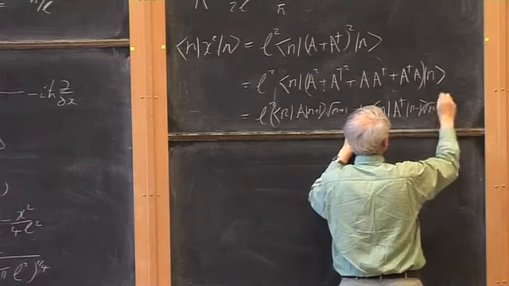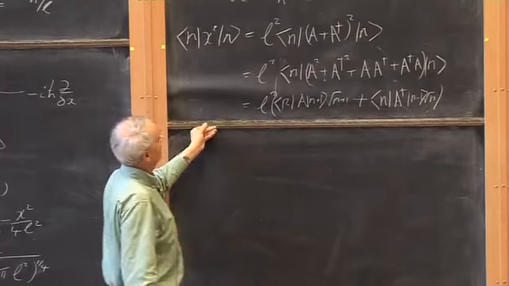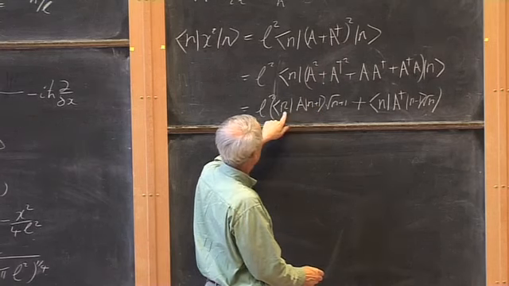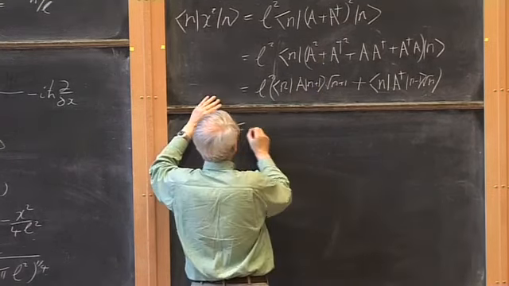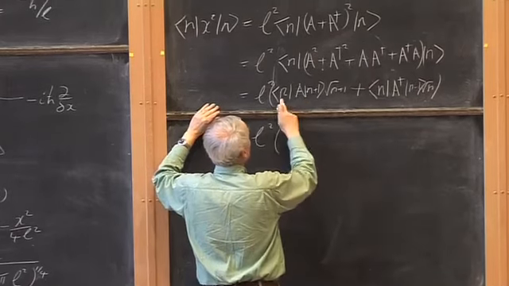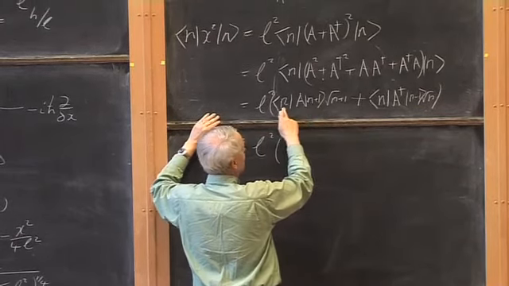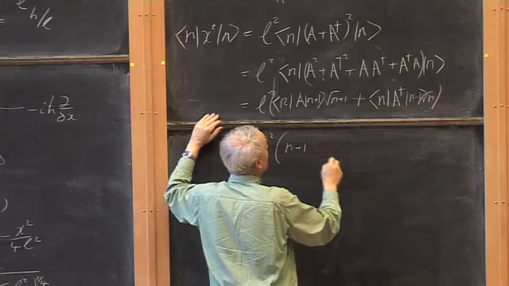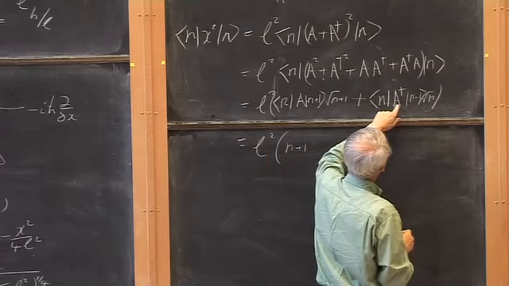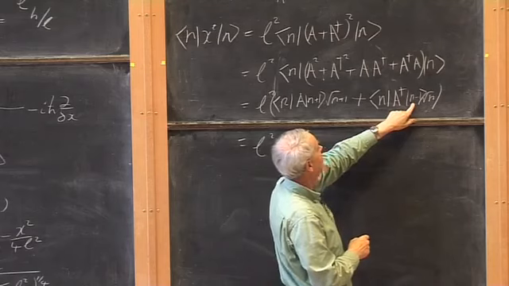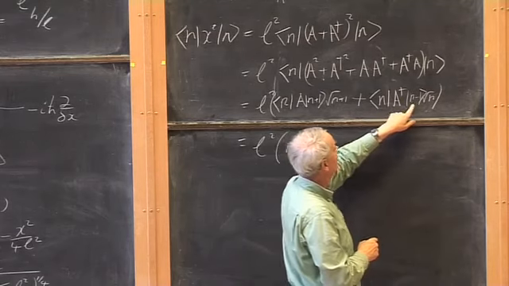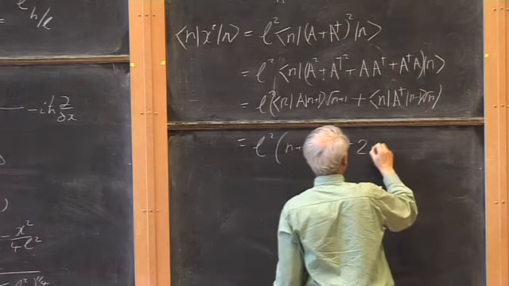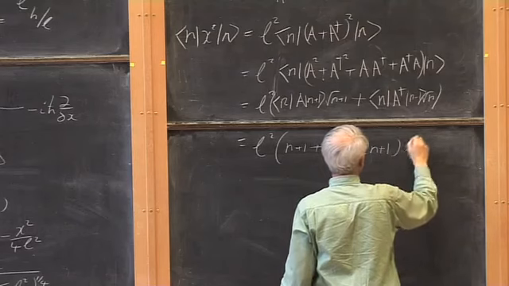Remember, it's the square root of the largest integer occurring in the equation. And then this A is going to produce a root n plus 1 times n, which will couple with this and produce 1. So this is going to be L squared. Right, this is going to lower n plus 1 down to n, which will produce a 1 when it meets this. And we'll have another of these square roots, so we're going to have n plus 1. And when we use this on this, this n minus 1 is going to be raised back to n, which will produce a 1 when it meets this, but we'll get another square root of n in the process, so we'll have plus n. So in other words, it's equal to 2n plus 1 L squared.